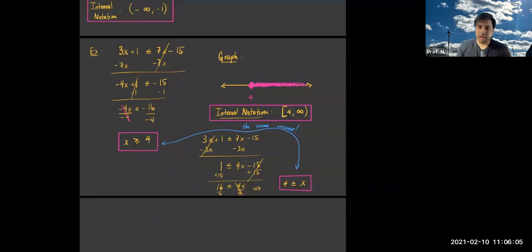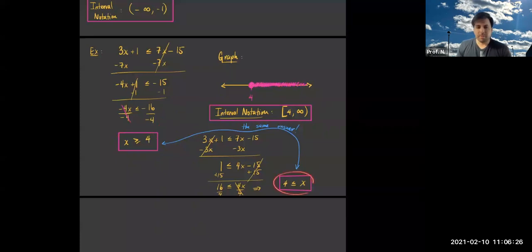And of course, the graph is the same. If you're saying that 4 is less than or equal to x, do you see why it makes more sense to write it this way? Because if you write it this way, the interpretation is all the x values are greater than or equal to 4. So it makes sense, hey, draw everything above 4 and include 4 from this expression.